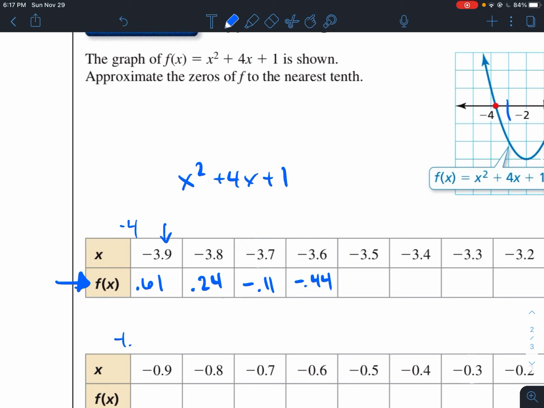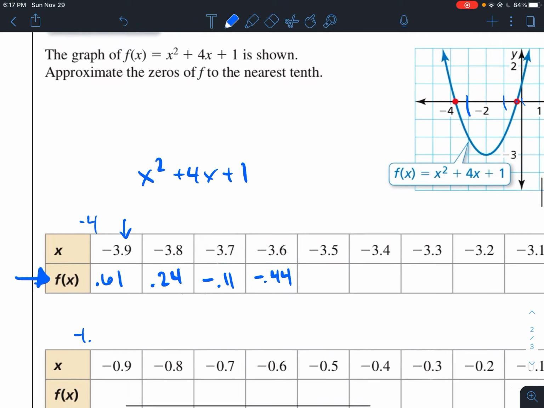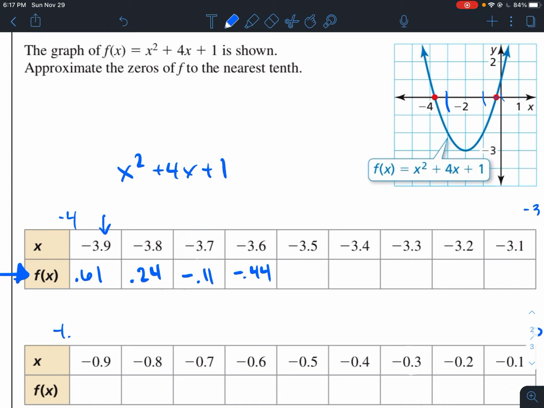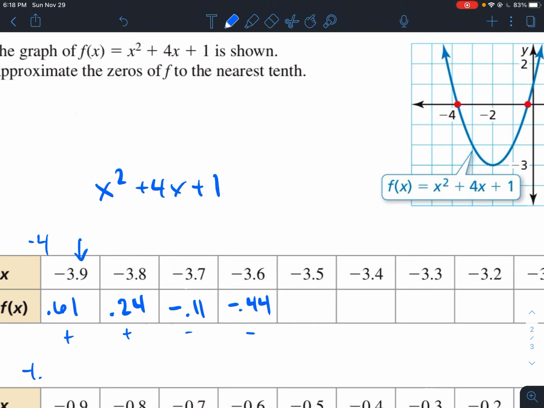Okay, so we're not getting any zeros, but what you might notice here is that both of these are positive values, but here we get negative values. So what that tells me is that when we are at negative 3.8 on the x, we're positive, meaning we're above the x-axis, but then whenever I plug in negative 3.7, I'm below. So if at one value I'm above and one value I'm below, that means that my x-intercept is somewhere between these points.